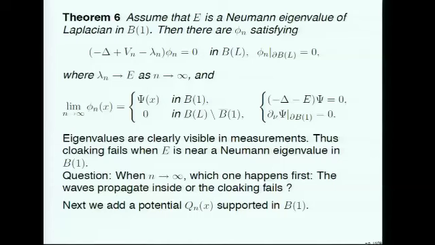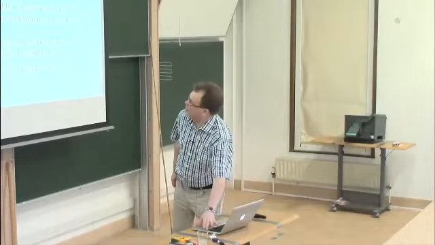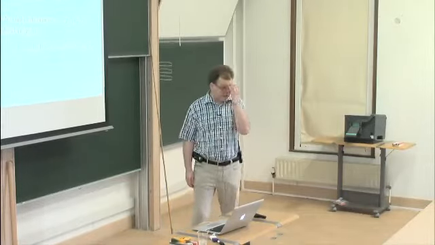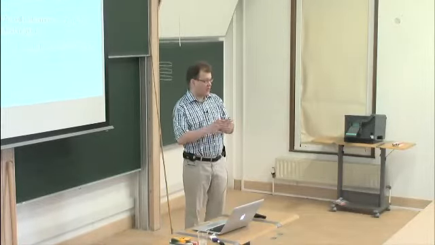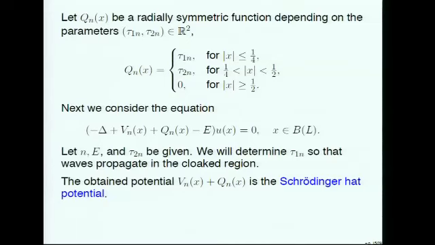Okay, we put a very simple potential inside the cloak: a piecewise constant, radially symmetric potential. It depends on two parameters, tau1 and tau2, and both of these variables also depend on n.